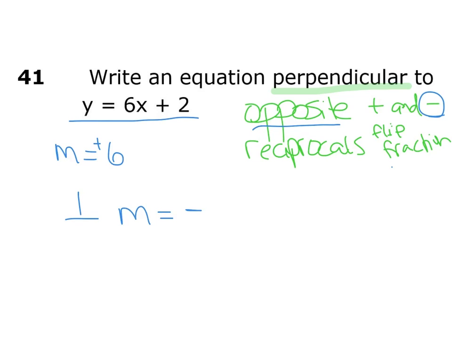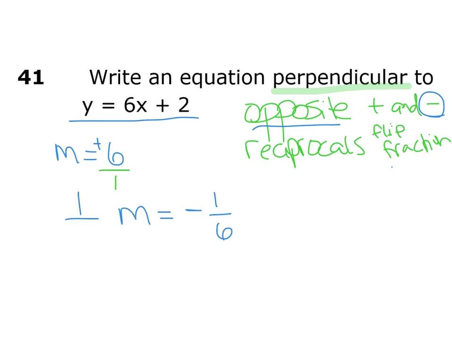Right now my slope is not in fraction form, so we can do that by adding a 1 in the denominator, so we don't change the value. So we have 6 over 1, and when we take the reciprocal, we flip it around, that gives us 1 over 6.